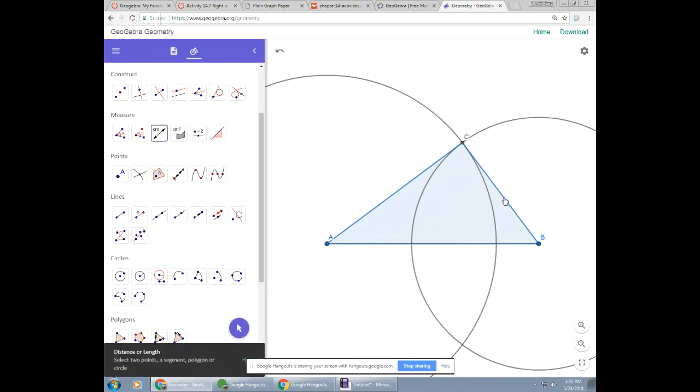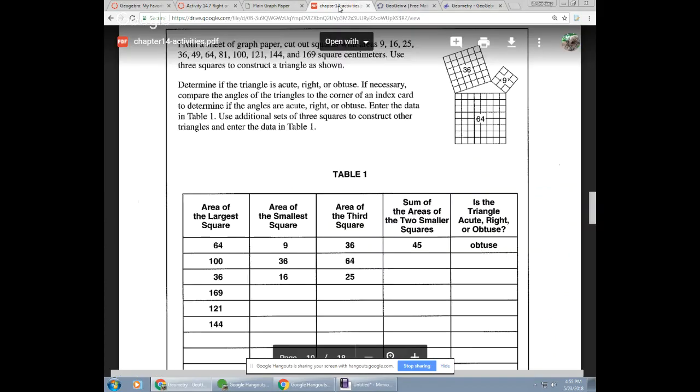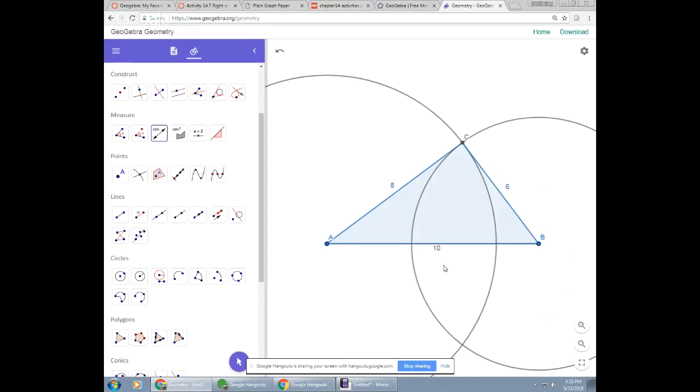And again, double checking my side measures here. There's my 6, my 10, and my 8, and they were related to this here, my 100, 36, and 64. So 100 is 10 squared, 36 is 6 squared, 64 is 8 squared. You could always ask GeoGebra to measure that for me and determine whether it is obtuse, acute, or right.